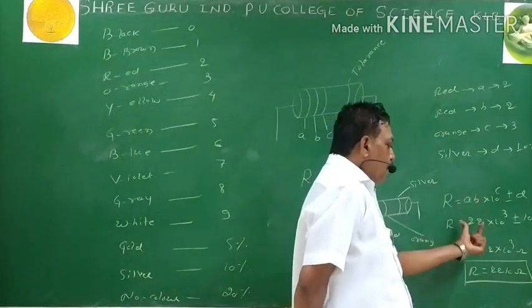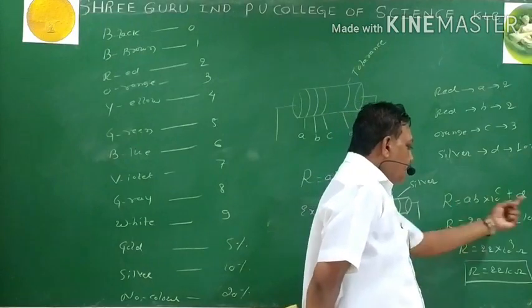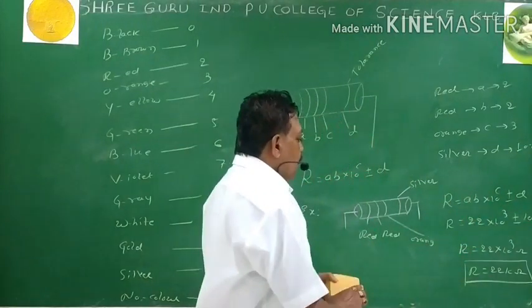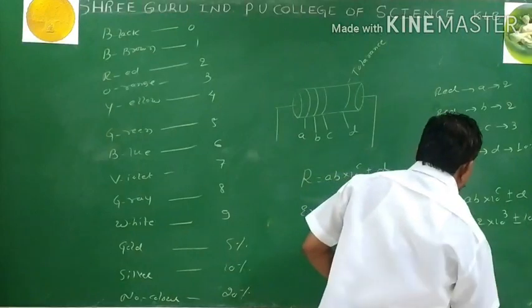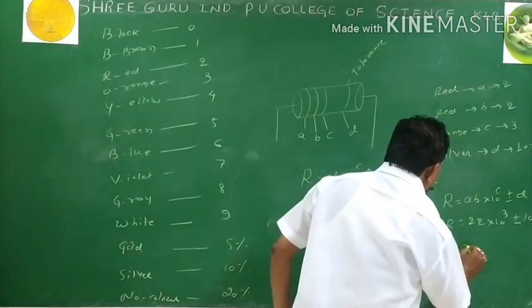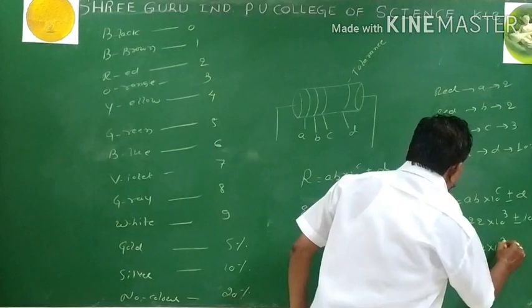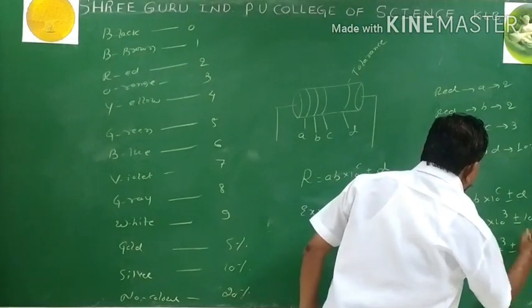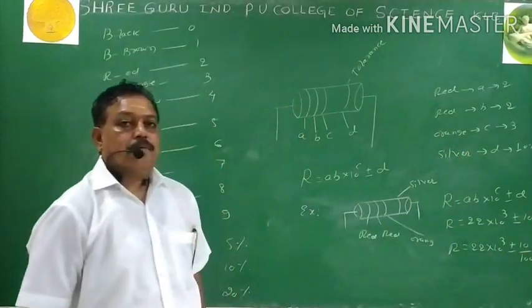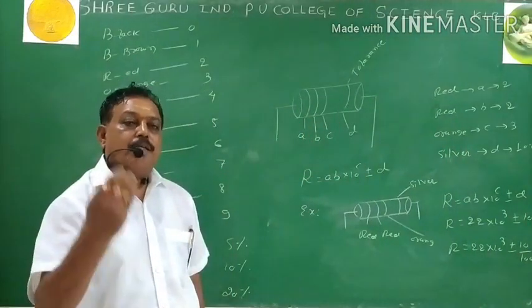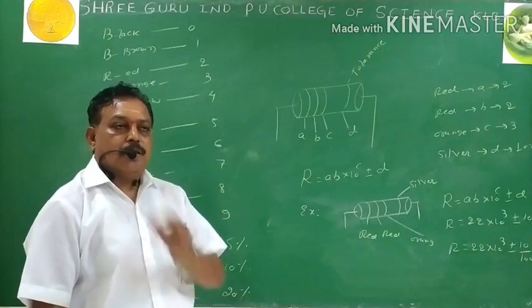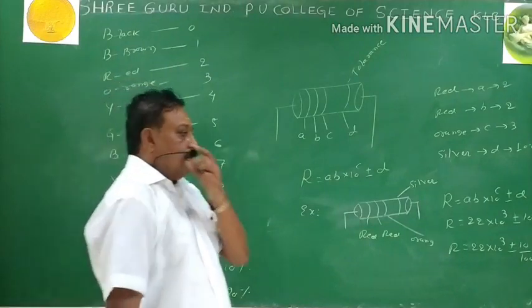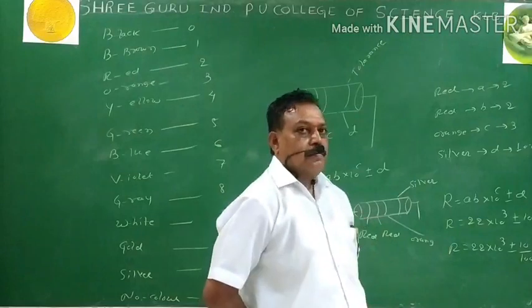But I want to calculate the value of the resistance by considering the tolerance. Then I go for one more step. R equals 22 into 10 to the power of 3 plus or minus 10%. 10% means 10 by 100. When you purchase things with a discount, it says that we have a huge discount on the articles.